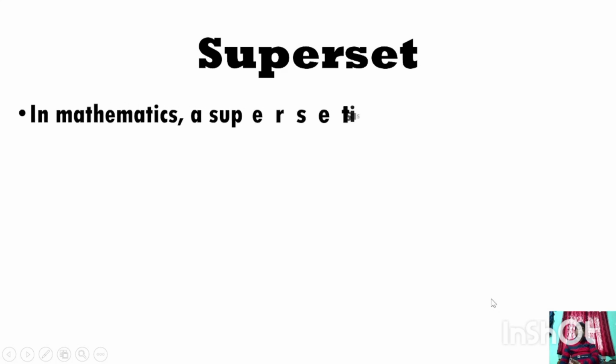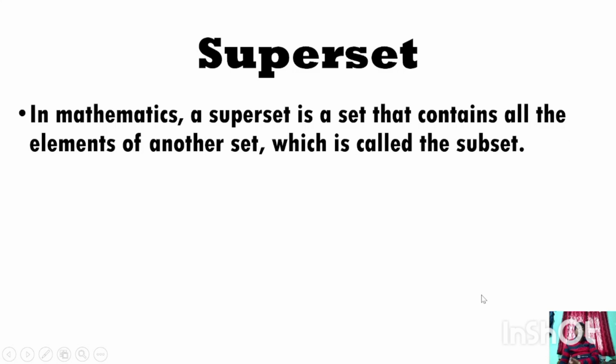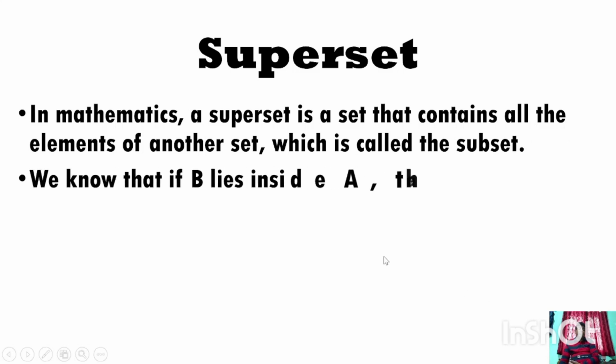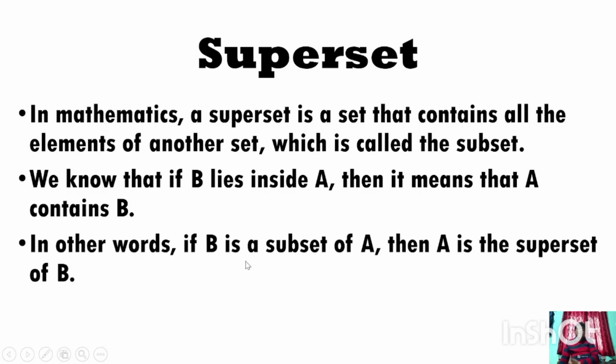Superset. In mathematics, a superset is a set that contains all elements of another set. Once again, the same thing I am going to discuss here to give you clarity about the subset and superset. We know that if B lies in A, then it means that A contains B. Yes or no? In other words, if B is a subset of A, then A is called what?